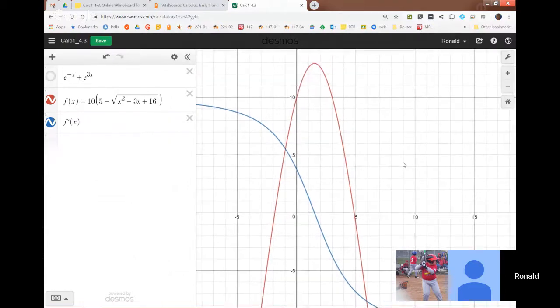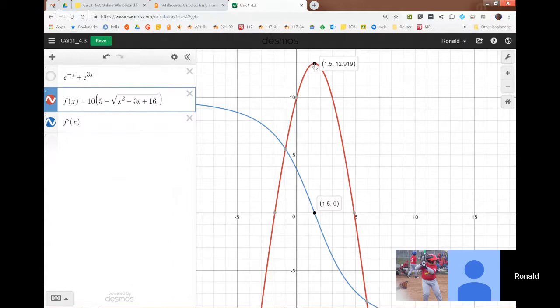Okay. So where is the derivative 0? Right here. Okay, which means this is a critical point. And sure enough, you can see it is, because when the derivative is 0, we're at a critical point.